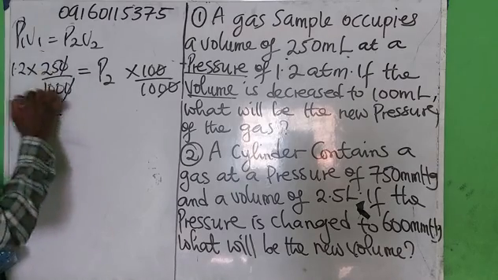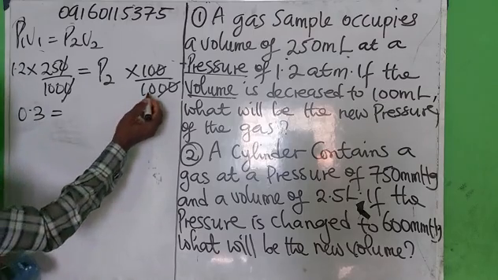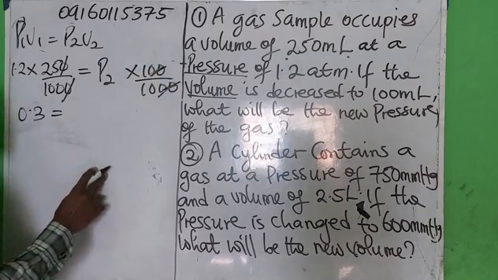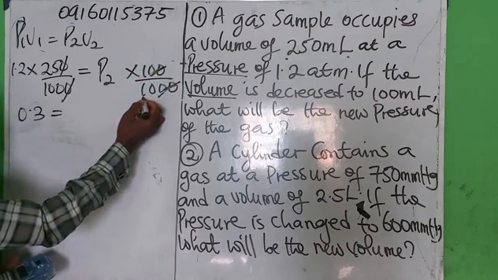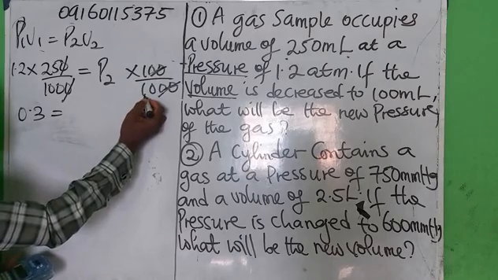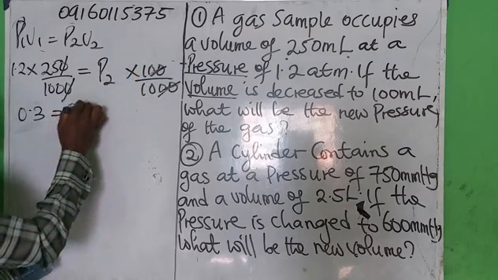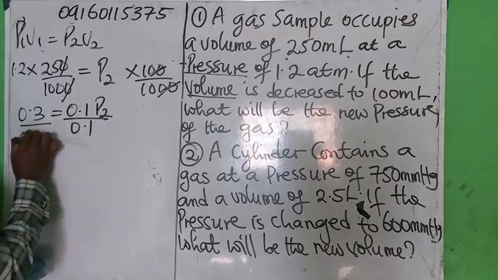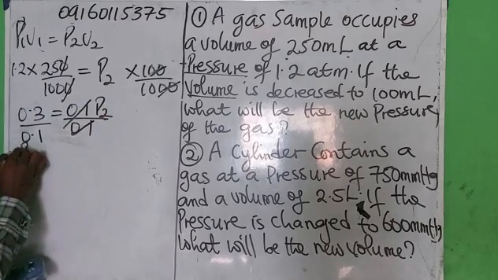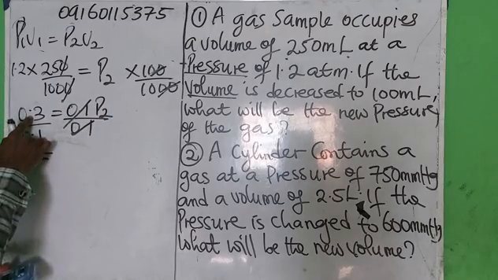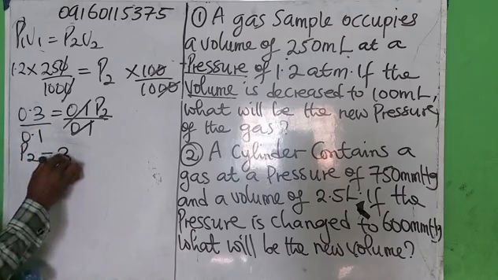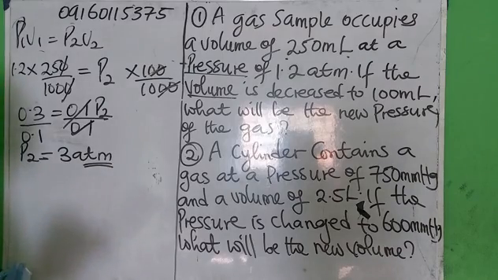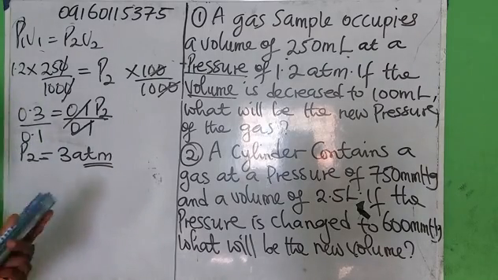Now the zeros have cancelled out. Please, 1 divided by 10 is not the same thing as 10 divided by 1. 1 divided by 10 is 0.1 P2. So divide both sides by 0.1. P2 is equal to 0.3 divided by 0.1, which is 3 atmosphere. Very easy, that is just a simple answer. There's no stress about it.